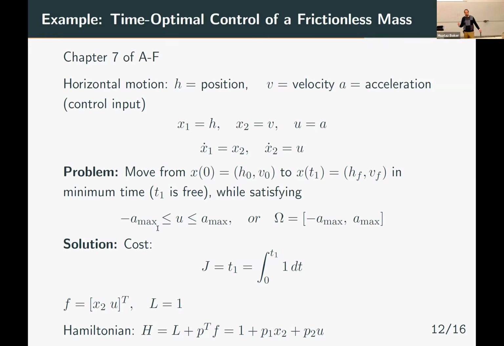But the defining feature of this problem is the constraints, believe it or not. Of course, minimum time also adds to the optimality. So minimum time and constraints are two distinctive features of this problem.